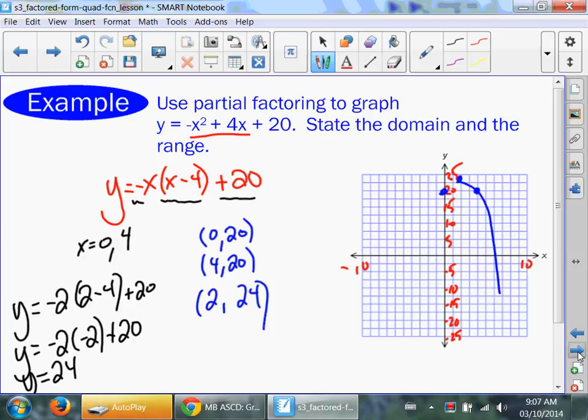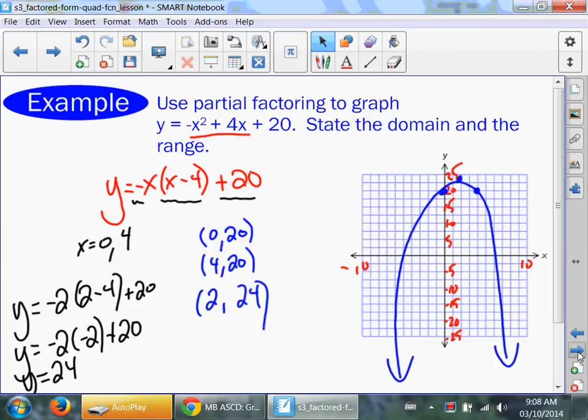So the sketch is going to go like this, and it's going to go like this, and that's about all we can know. But we do know those key points, right? We are able to identify those key points. And by knowing those key points, knowing that the quadratic points down, we can have a sketch of this. And we have enough of a sketch so that we can figure out what the domain and the range are. And that's what's important here.